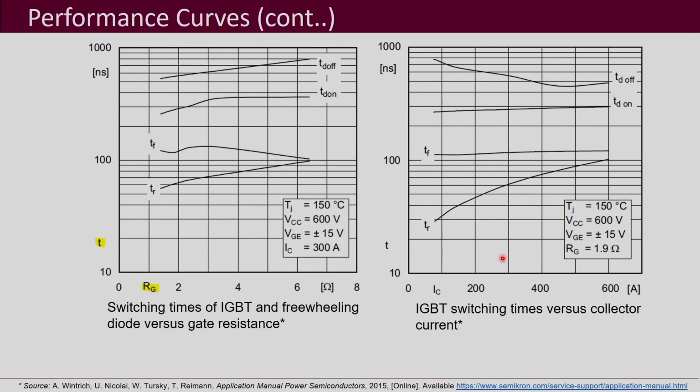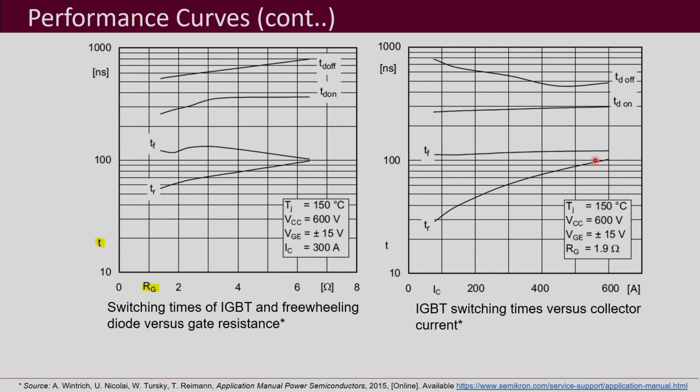Then, when we observe how these times vary with collector current, the delay time TD off during turn off reduces a little bit. TD on, the delay during turn on, is not much affected. The fall time TF for turn off is also not much affected, however the rise time increases with the collector current.